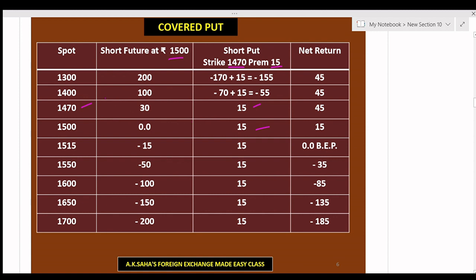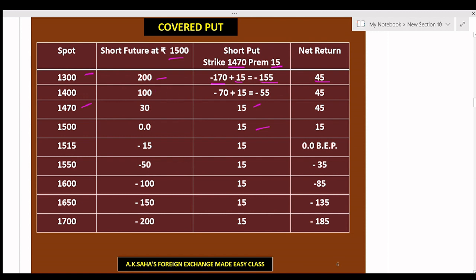And you see, when the spot price or future price is 1300, the short future will earn a profit of 200, because it is less than the future price. And here 170 is the loss between the spot price and the strike price, and 15 is the premium receipt. Net loss will be 155 and net return will be 45.